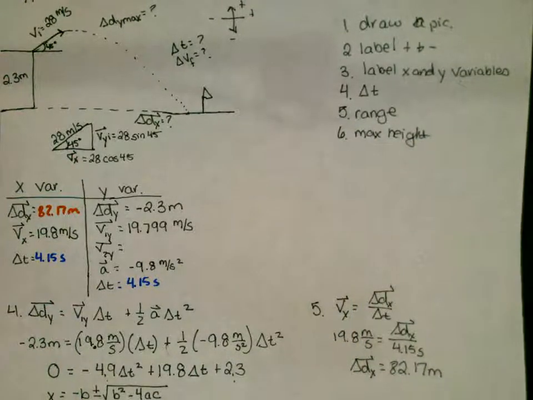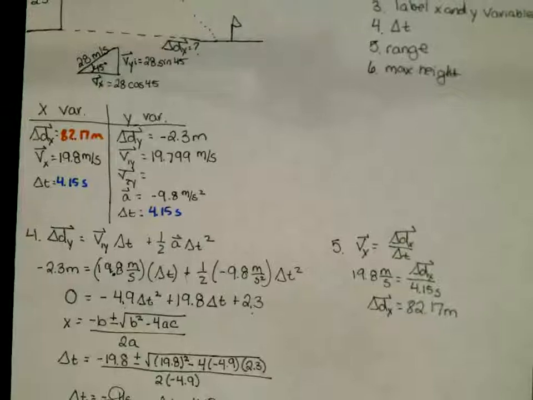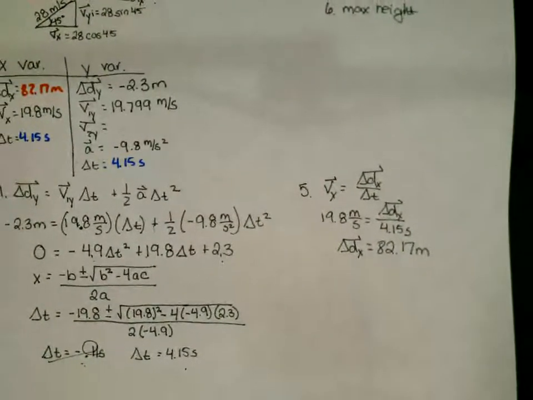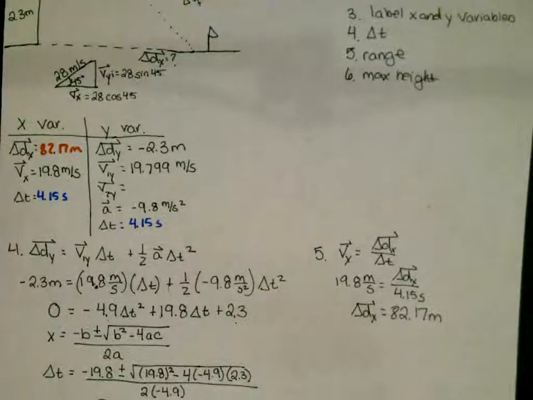All right, our next step is to look for maximum height. Now I'm going to get a clean sheet of paper just so I don't have to keep moving this around and you can't see the variables anymore.